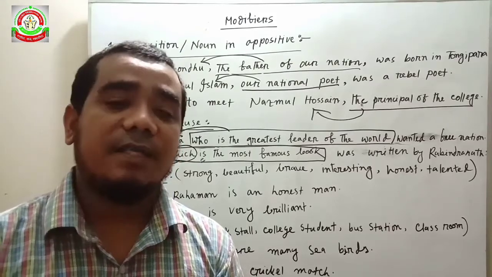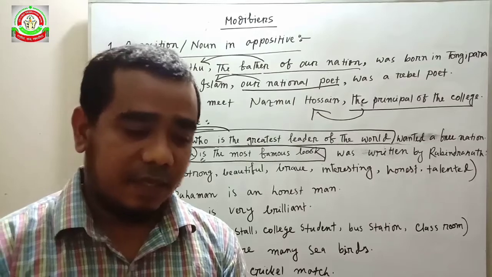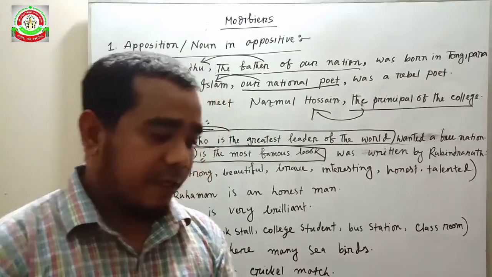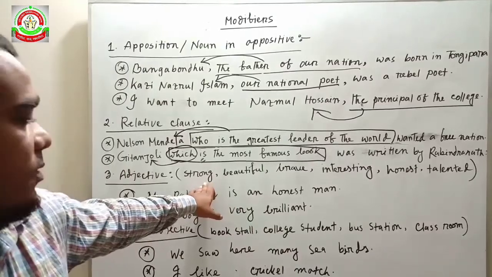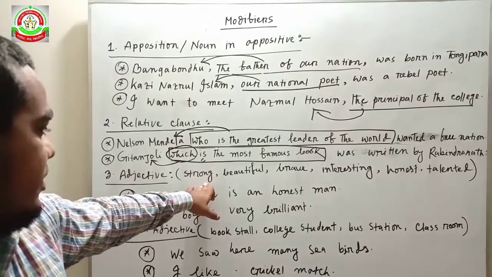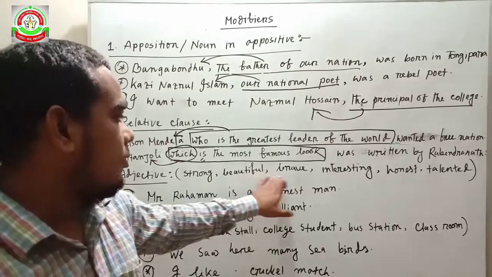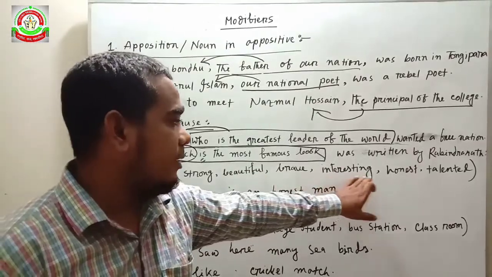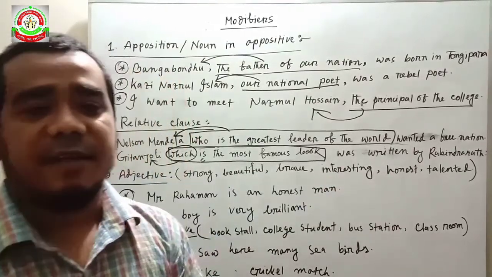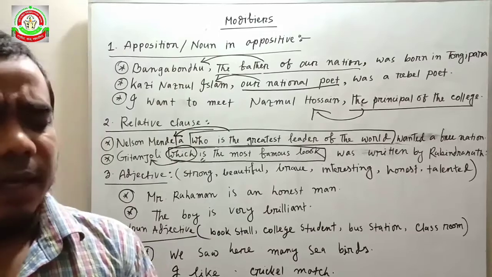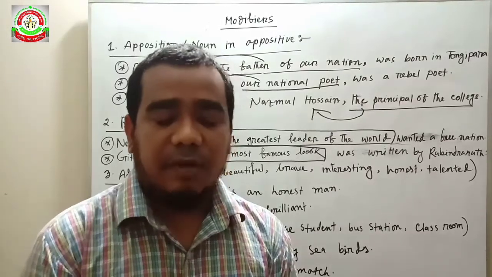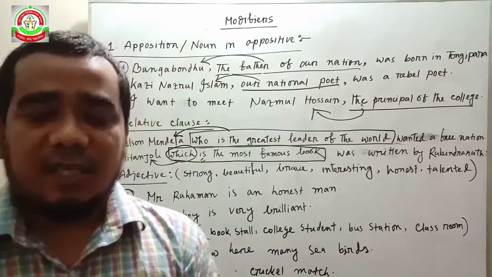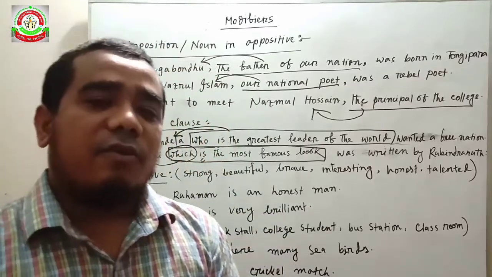We have a large number of adjectives in our dictionary, and I have written here some adjectives for your clear identification: strong, beautiful, brave, interesting, honest, talented. And also we have a large number of adjectives in our English language, and you have to use this kind of adjective.